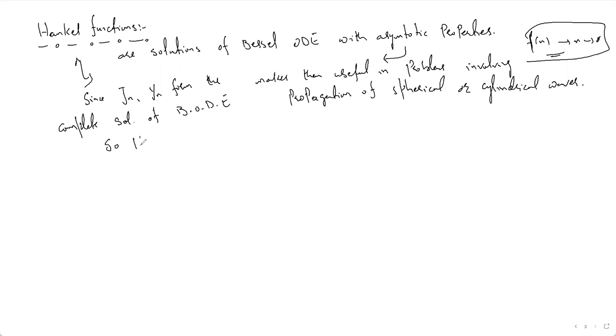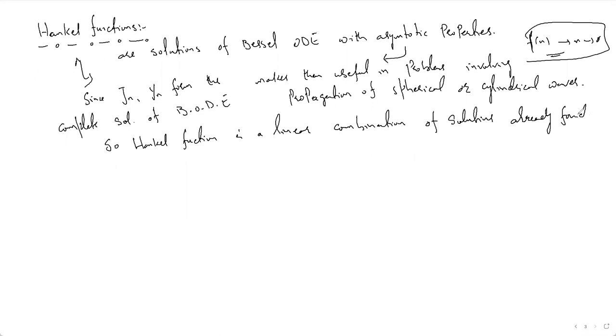So जो ये Hankel function है, Hankel function is a linear combination of the solutions already found. जो हम solution already Jn और Yn, so this is a linear combination of those things.